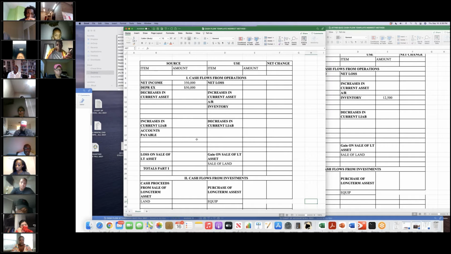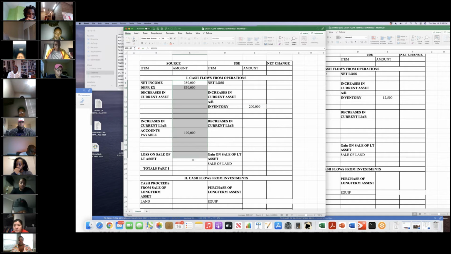I won't give exact numbers, but suppose we had 350, 50. We had 100 here for accounts payable. I'm just putting numbers in now. And inventory went up by 200,000. So assume these are your numbers. In part one, you total up the sources. Then you total up the uses.